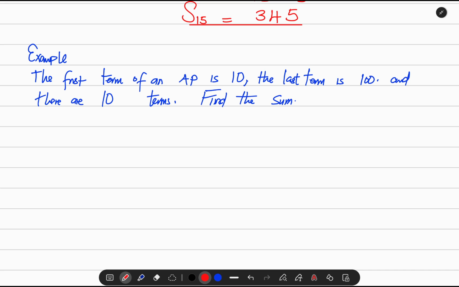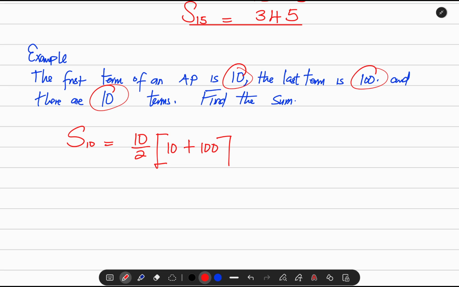So the first term of the AP is 10, the last term is 100, and the number of terms is 10. How do we find the sum? The sum of 10 terms will be equal to 10 over 2, times the first term plus the last term.